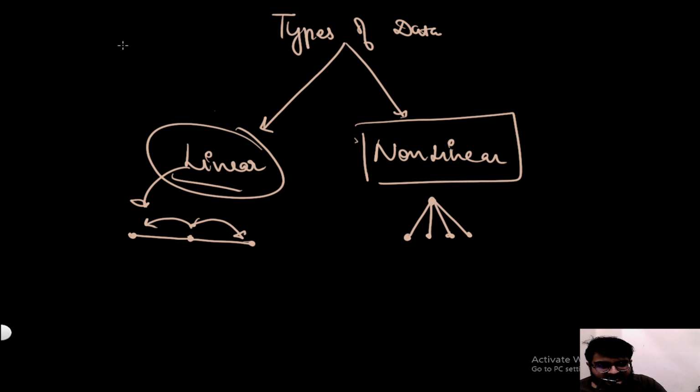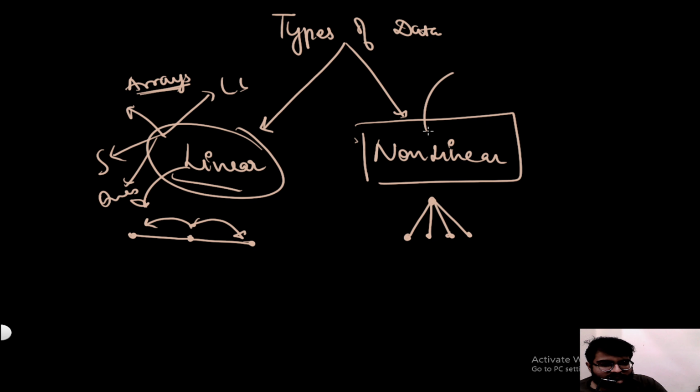The examples of linear data structure are arrays, which will be hopefully covered in this video, linked list, stacks, queues, etc. And in the non-linear data structure, we have graphs, trees, etc. Now you got what the types of data structure are.